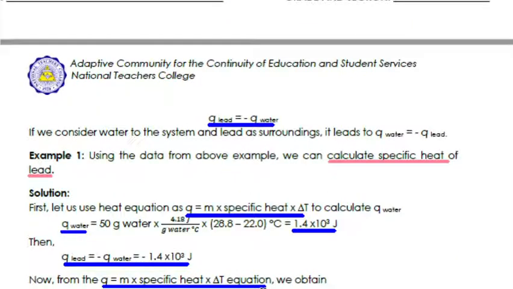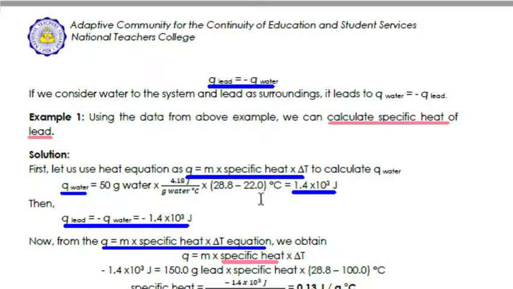So, for example, we are asked to calculate the specific heat of lead. So, basing from this formula, heat is equal to mass times specific heat times delta T. Specific heat of water is already given. So, 4.18 joules per gram of water degree Celsius.